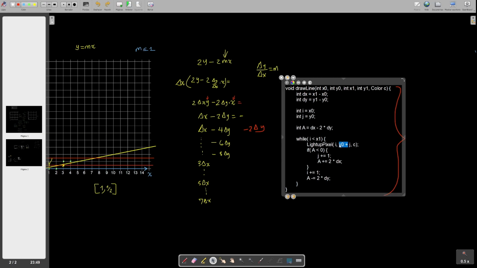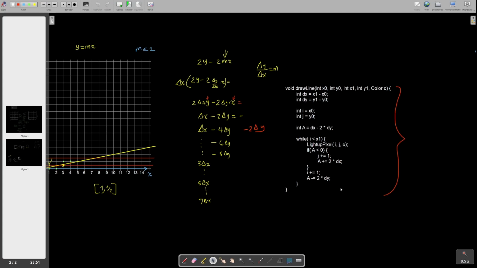And a little mistake here. Okay, and here you have it. So this is it for the basic implementation of it.